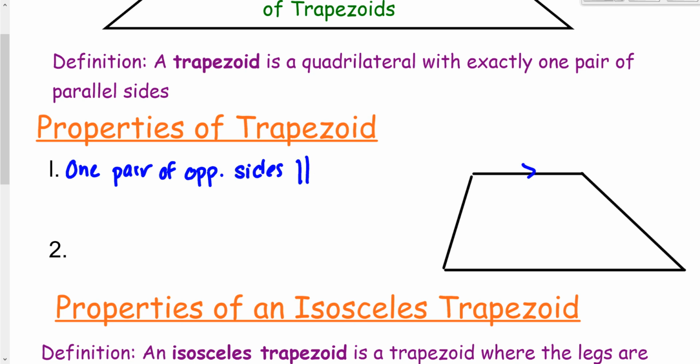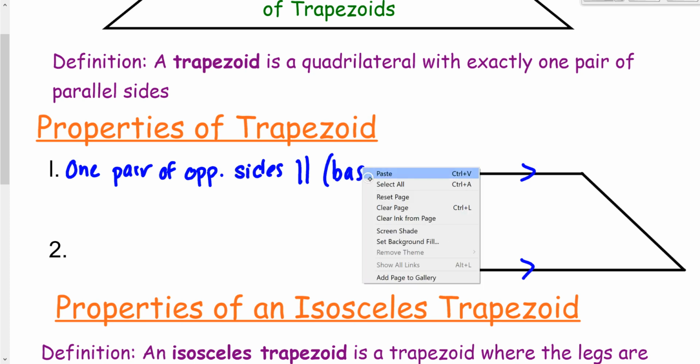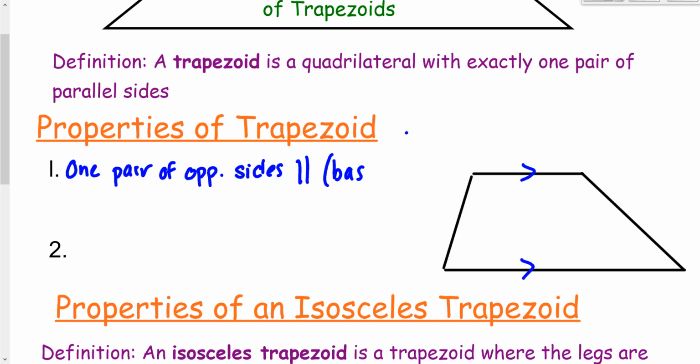Now, these sides that are parallel are known as your bases. Please do not think the bases are just the top and the bottom of this, because if this was this way, then the bases would be the sides. So they are just the parallel sides, not the top and the bottom. So we do know that these two sides are going to be parallel.